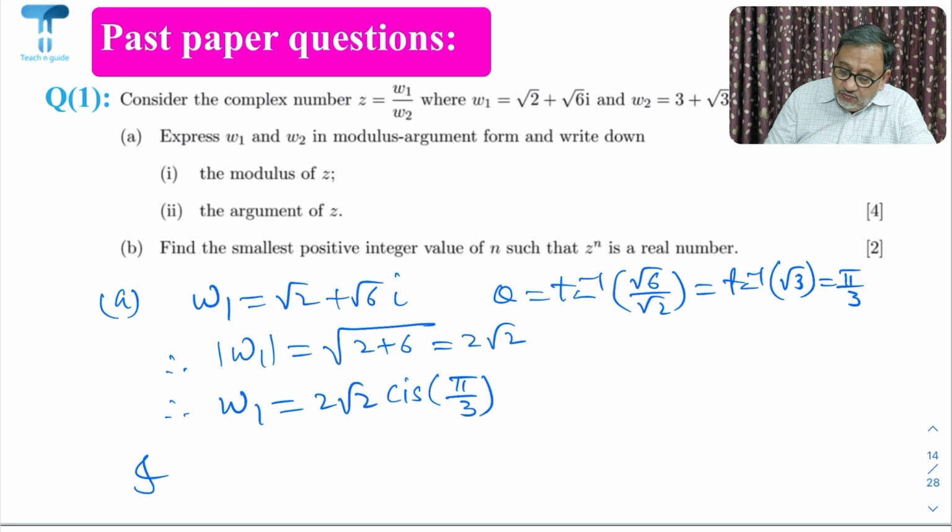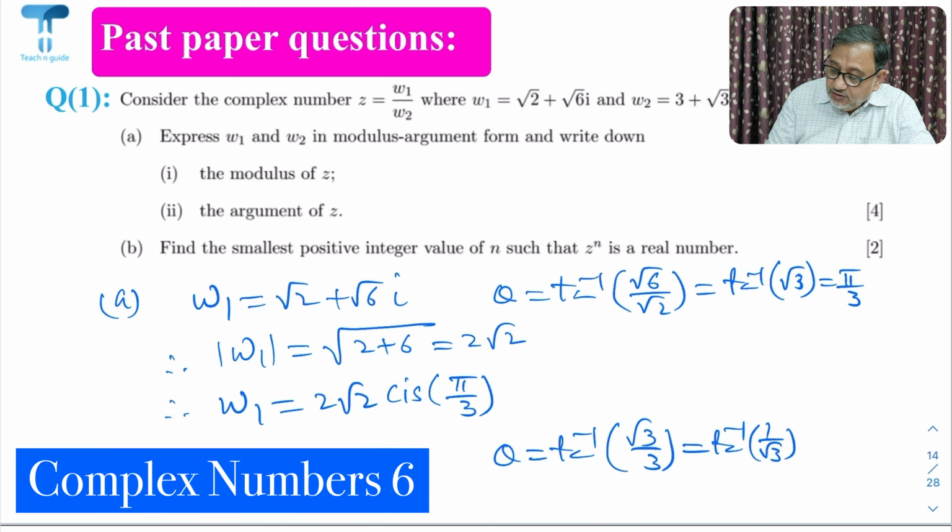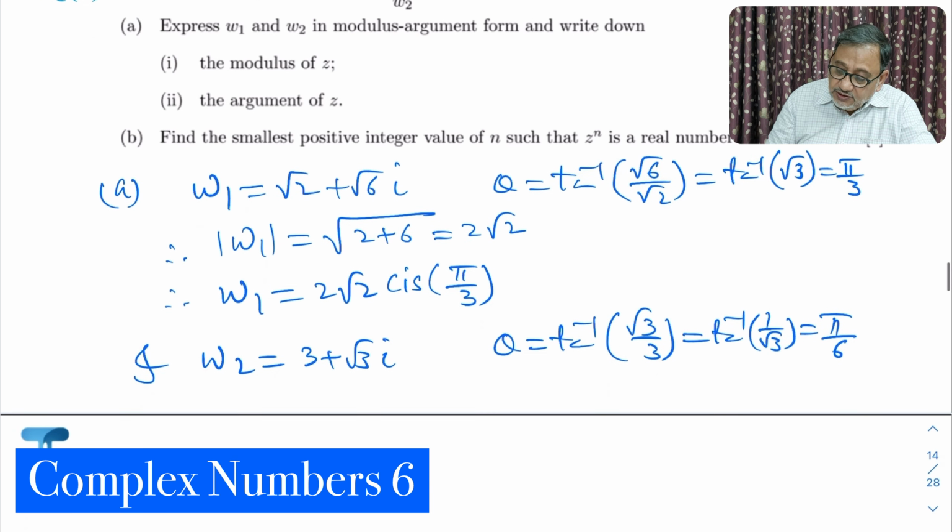So for W2, 3 plus root 3i, theta will be what? Tan inverse of root 3 by 3, which will be tan inverse of 1 by root 3, and 1 by root 3 is pi by 6, 30 degrees.